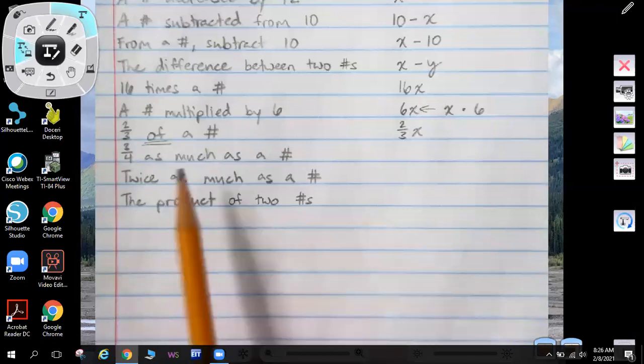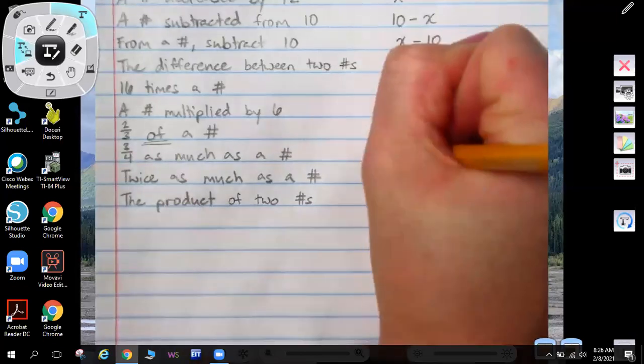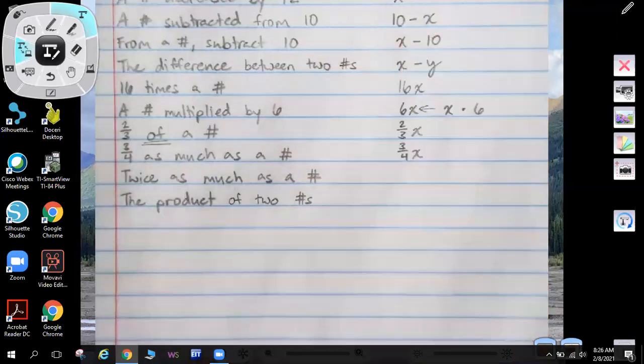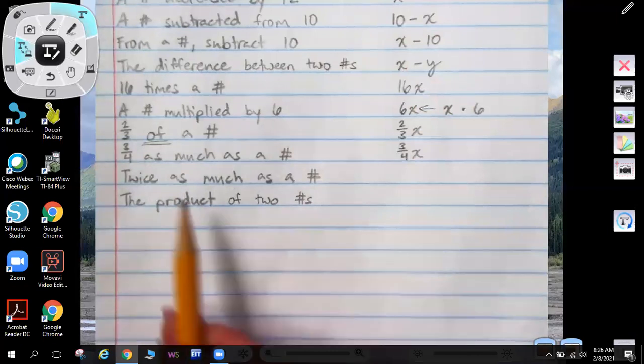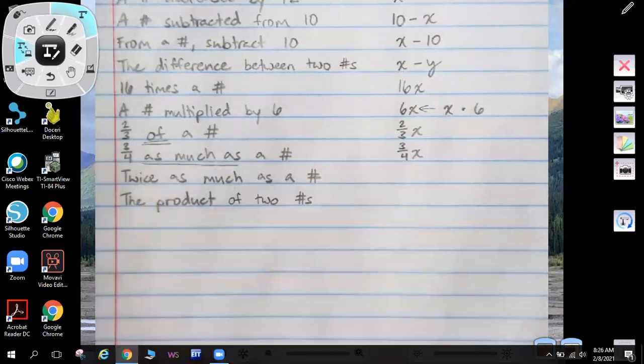So 3/4 as much as a number means you're taking that number and multiplying it by 3/4. So 3/4 x. So as much as is also going to lead you to multiplication. Those words, as much as.